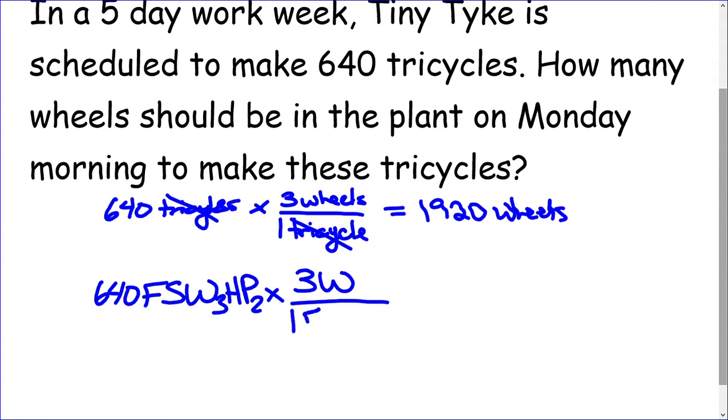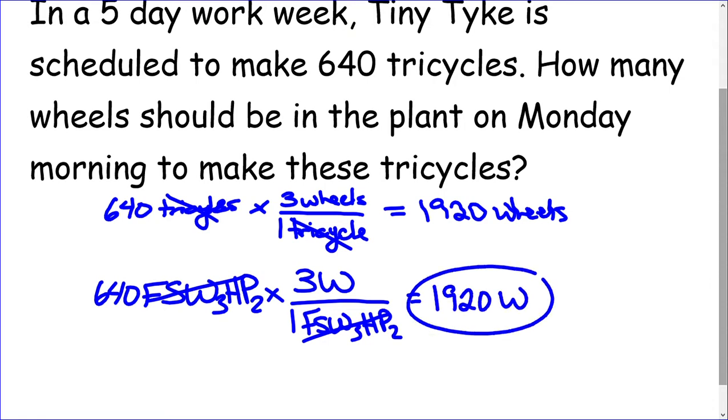That was FSW3HP2. And then again, they'll cancel out because that's the symbols for what a tricycle stands for. And I'm left with 1,920 wheels. All right, being the same thing. All we're doing is just getting rid of the words, and we're just starting to get that idea of using symbols in their place.